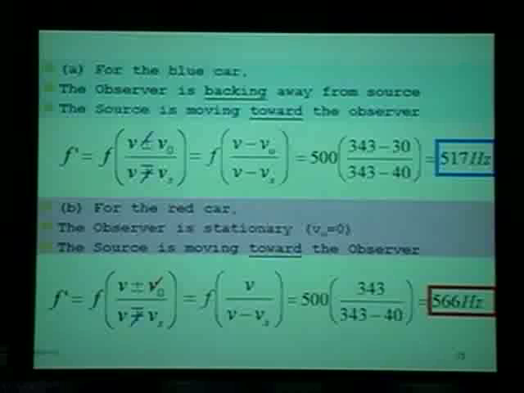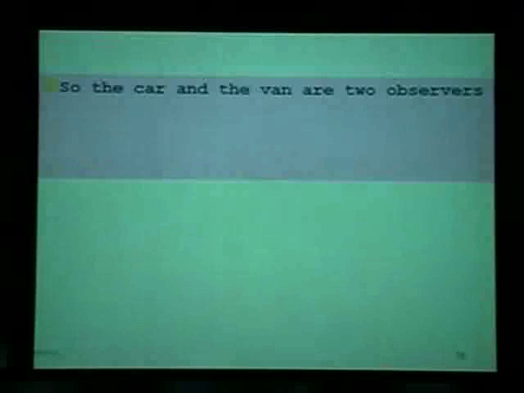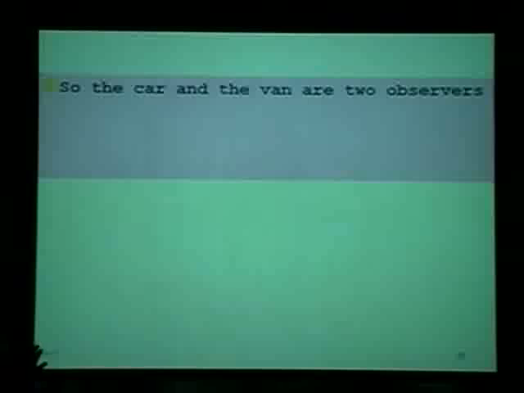So, we have this situation. We've got a fire engine moving in. We've got two cars, a blue car and a red car. The blue car is moving past the red car at 30 meters per second, but at that moment, they're at the same place, basically, in the universe at the same time.